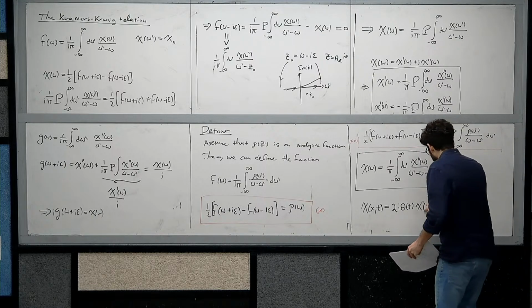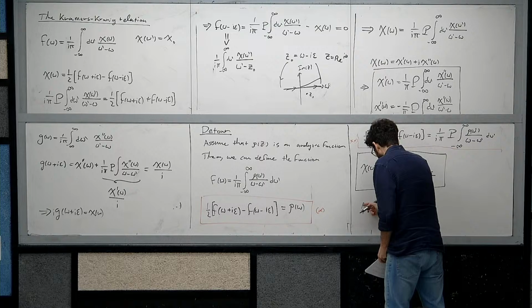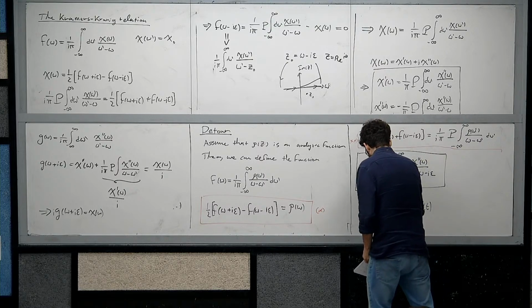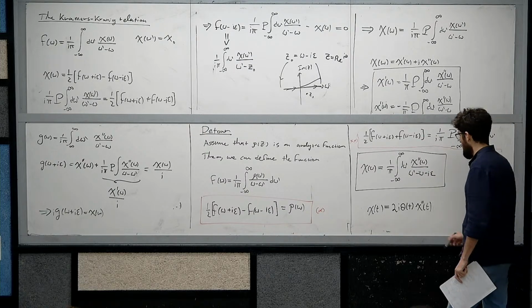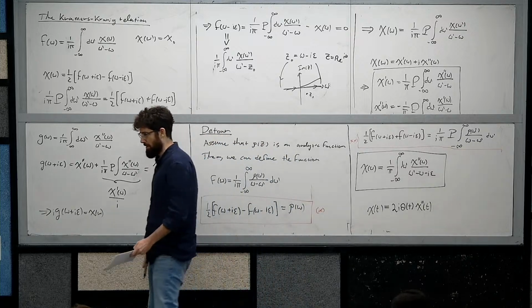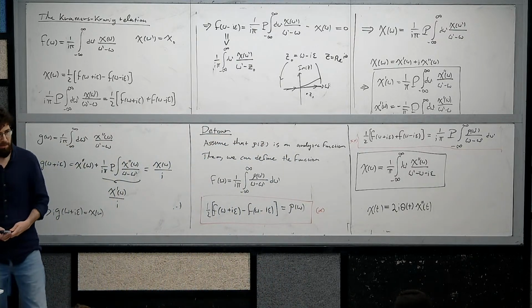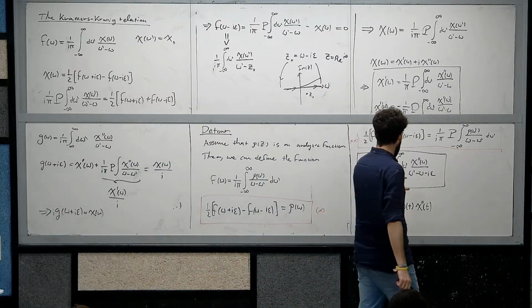Or let's forget about x, x doesn't matter. Because what is this? It's a convolution. And what is the Fourier transform of the theta function? It's this one.